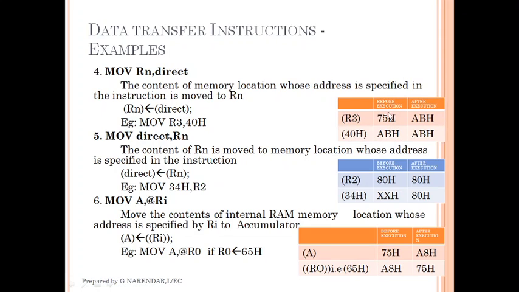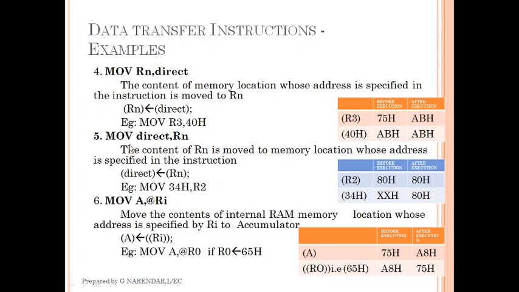These are the contents before this instruction is executed. Once the instruction is executed, the contents of 40H memory location are copied to R3 and the contents of 40H remain unchanged as it is a source location.